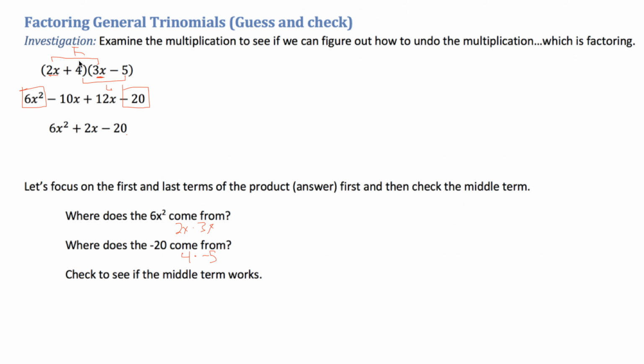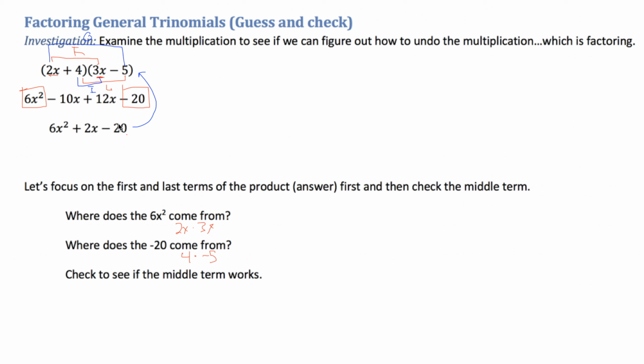This came from the O and the I, the outer and inner combined. When we're talking about FOIL, here's our outer, 2x times negative 5 is negative 10, and then the inner, 12x. If you take the negative 10 and the 12, you get that 2. And so we should be able to work our way backwards.